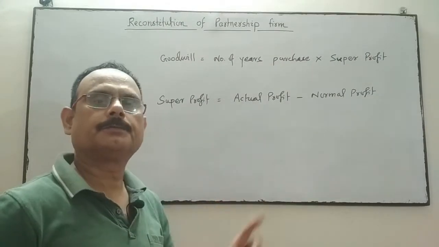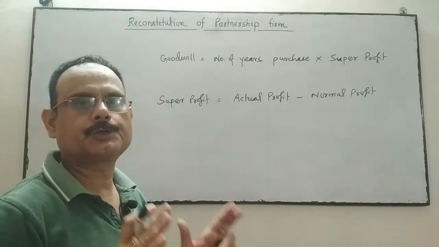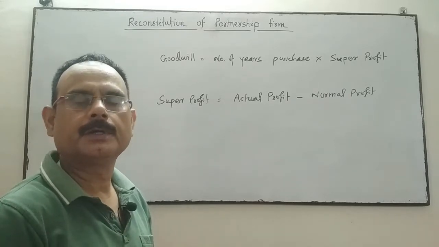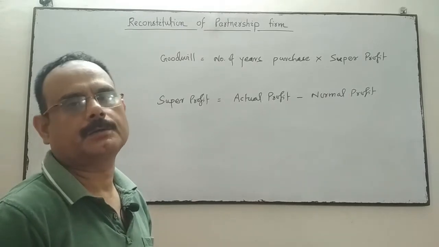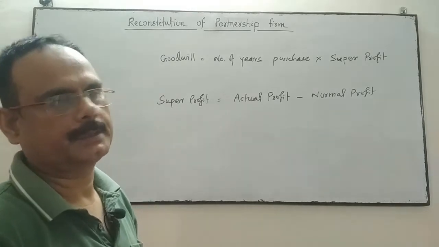Actual profit is what the firm has earned. It may be actual average profit or actual profit of 1 year, or actual average profit of maybe 3 to 5 years, as per the information given in the question.